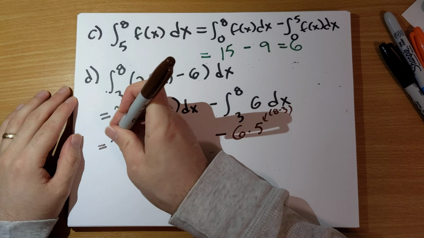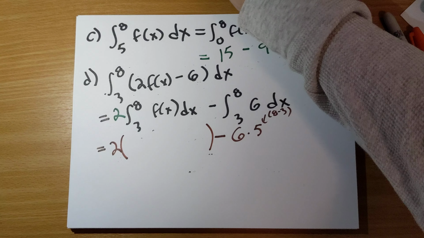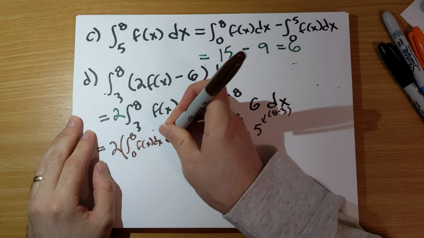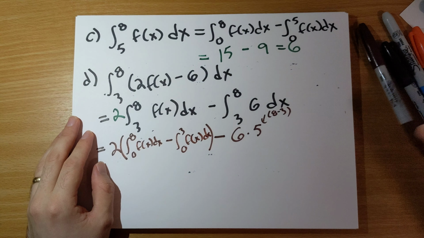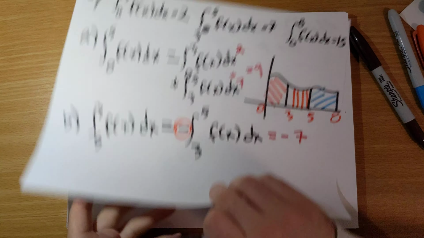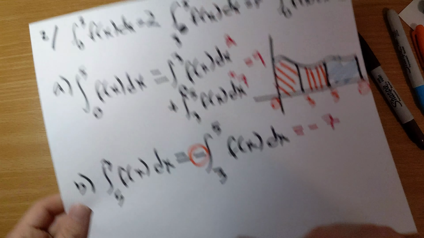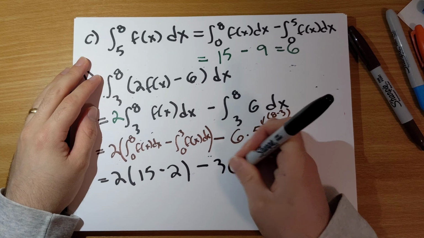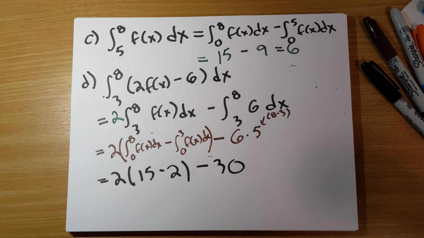And we know the 2 things that go in there. So it's going to be an integral from 0 to 8 of f of x dx minus the integral from 0 to 3 of f of x dx. And this is something that we were given. That's 15. And this one right here is something we're given, that's 2. So 2 times this difference here minus that 30, this is our final answer.